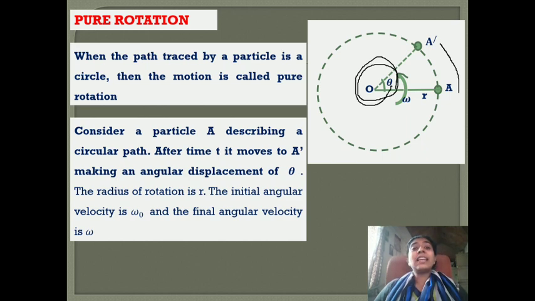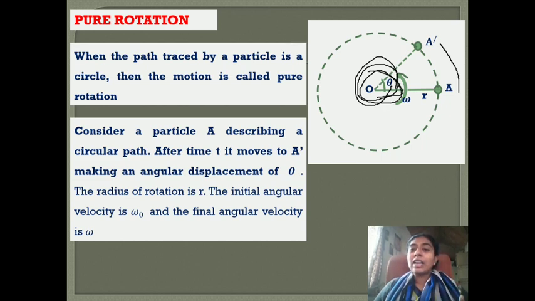For linear motion, we saw the displacement is S, the linear displacement. Here the displacement is angular displacement. The displacement is taken with respect to the angle, and we call it theta. This is our angular displacement.